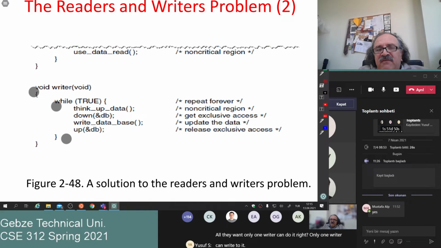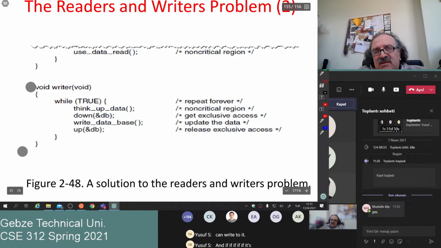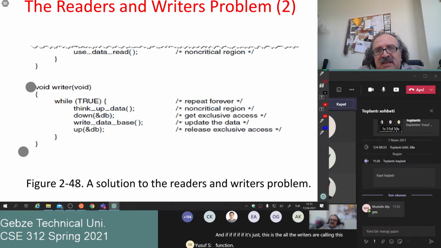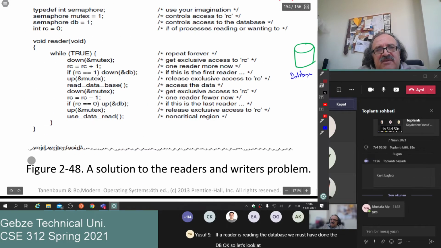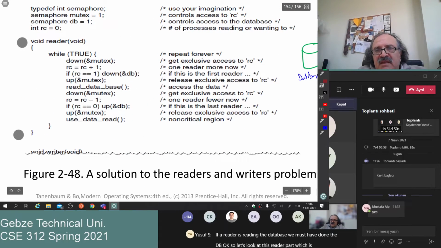Since the writers are calling this function, if a reader is reading the database, he must have done down on the DB. Okay, so let's look at this reader part, which is the more interesting part.